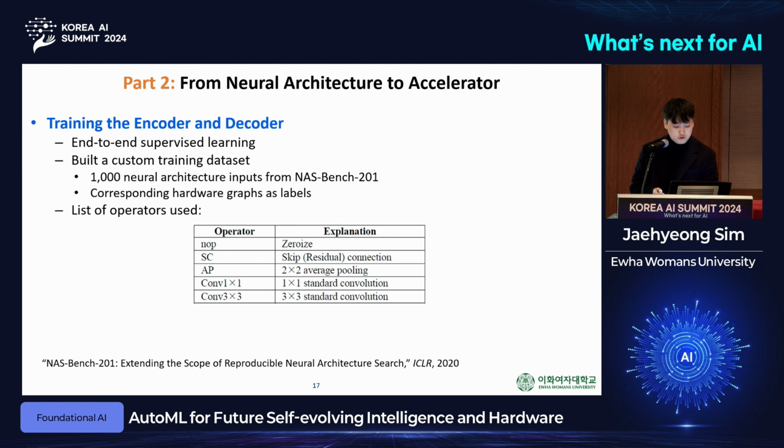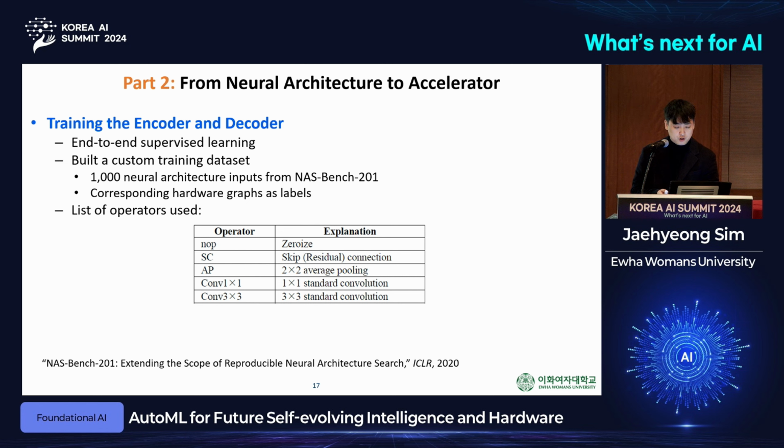And we train this encoder and decoder in an end-to-end supervised learning way. So we built a custom training data set. We first sampled 1,000 neural architectures from NASBench 201. And we made corresponding hardware graphs as labels.